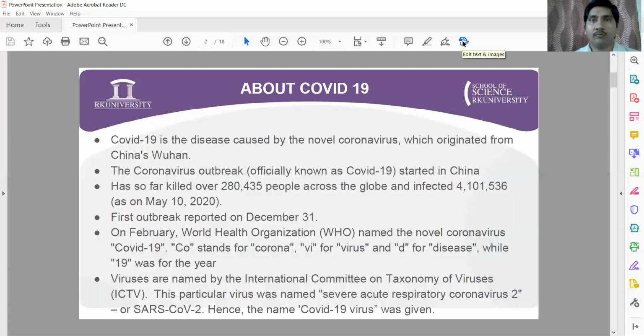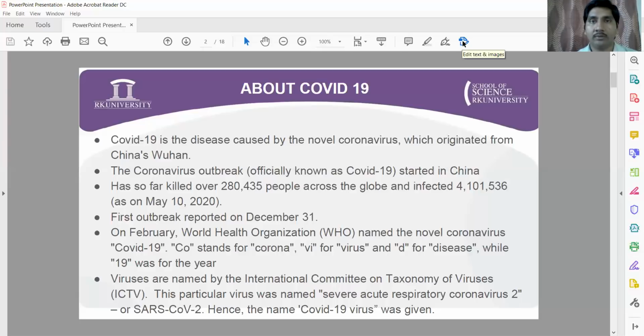Now, COVID-19 is the disease, but the virus which causes it was earlier named 2019-nCoV. There is an international committee which looks after the naming and nomenclature of viruses. That committee is known as the International Committee on Taxonomy of Viruses, and as per the ICTV, they named the virus SARS-CoV-2.